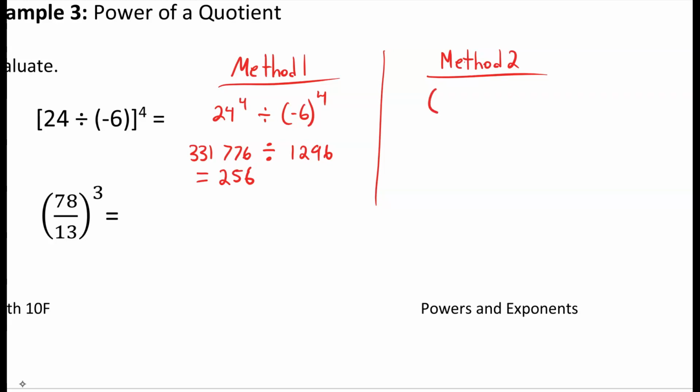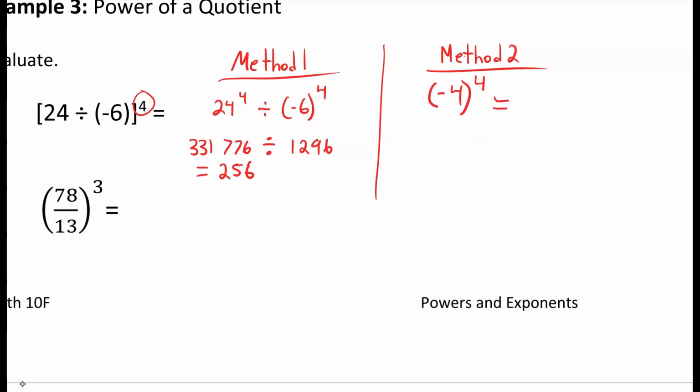Now 24 divided by -6 gives us -4, and we have an exponent of 4 on the outside, so that attaches back on. -4 to the power of 4 equals 256. So you can do either method. It's all based on your preference. Both will be marked correct.